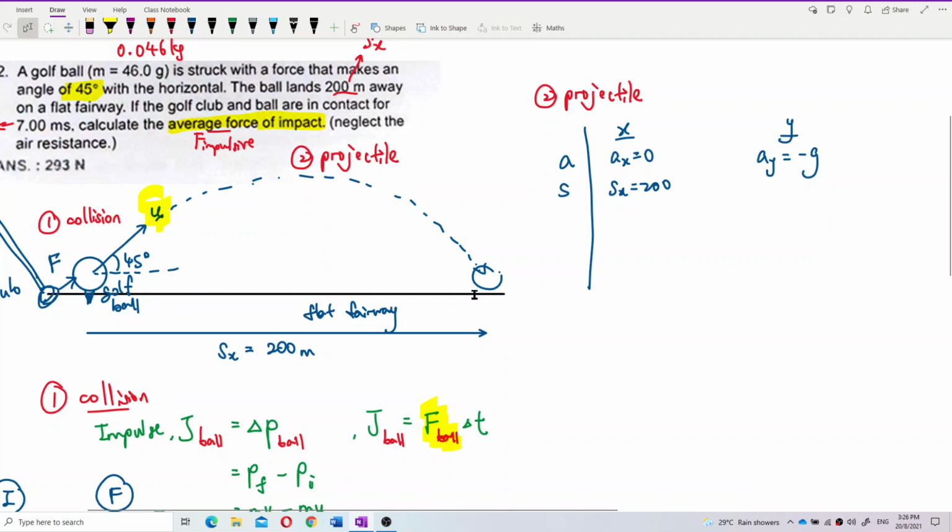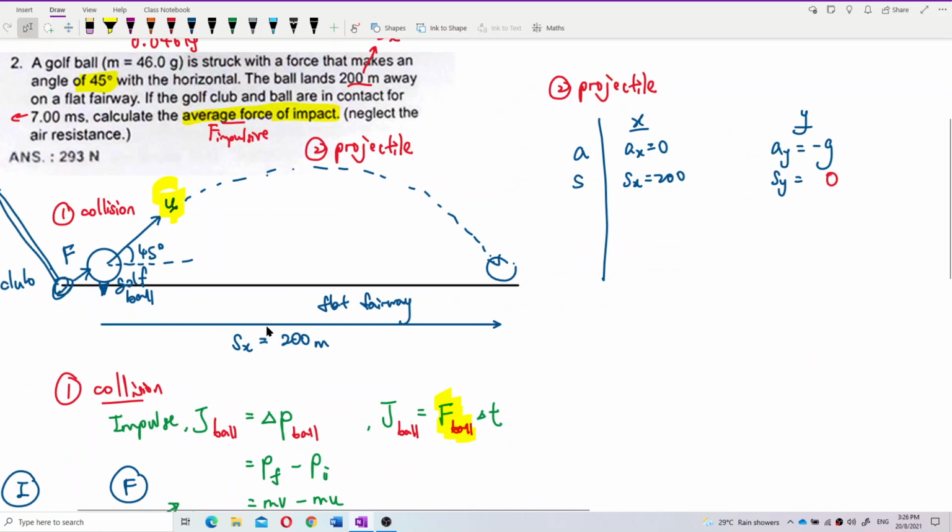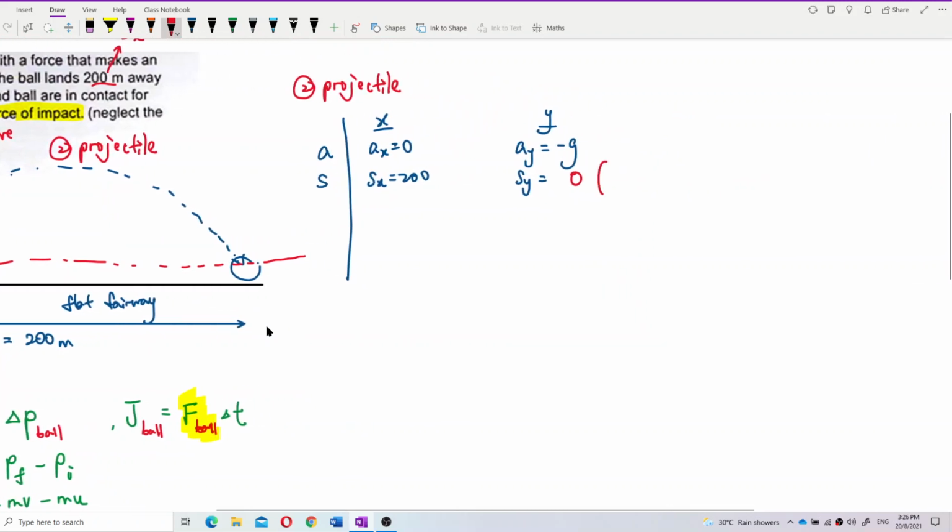Oh, Sy is 0 because it returned to the ground. You see, it returned to the ground.